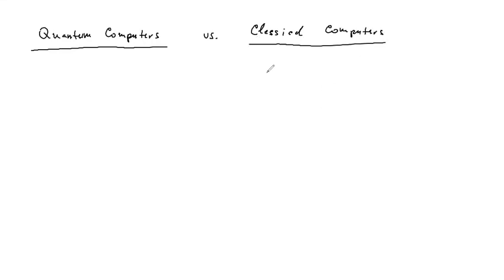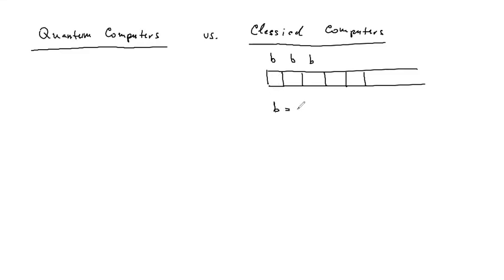For classical computers, you store some information in memory, and you have these bits. What can be the value in one bit? 0 or 1. Then if you have, let's say, 1 byte, 8 bits, you can put a number here, like 0, 0, 1, 0, 1, 0, 0, 1.